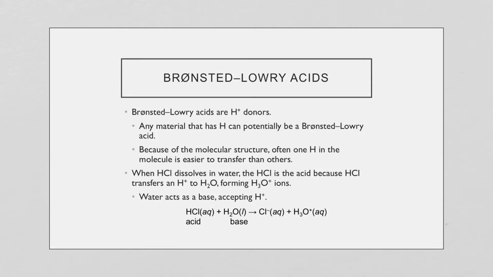So, as I said, any compound that has an H plus, or has an H, could potentially be an acid. Now, not all compounds will functionally act as acids because they have to be willing to donate it, right? So because of the structure, a lot of times a molecule might have one hydrogen that will function as a Bronsted acid or can be donated to something else, but other hydrogens that don't.